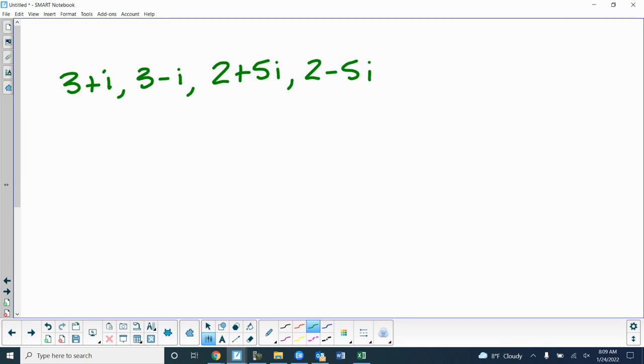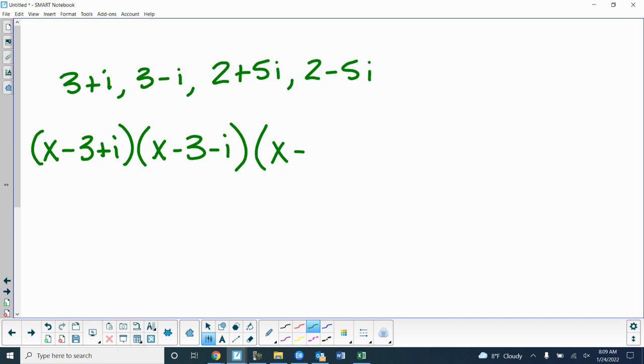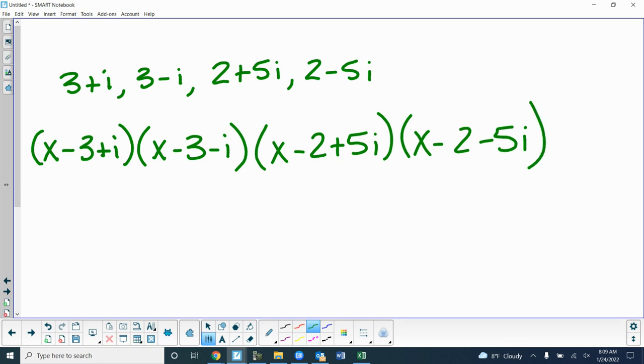So you have to put x minus 3 plus i, x minus 3 minus i, x minus 2 plus 5i, and x minus 2 minus 5i. You always got to put the x minus in the front. Those are the factors. And then we FOIL.